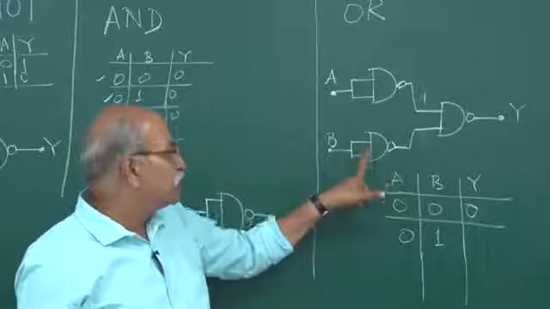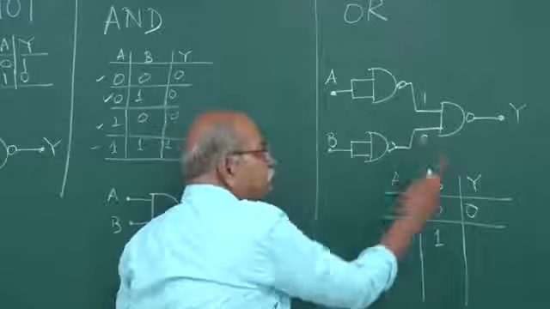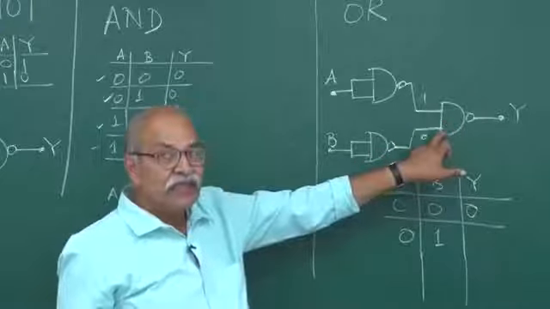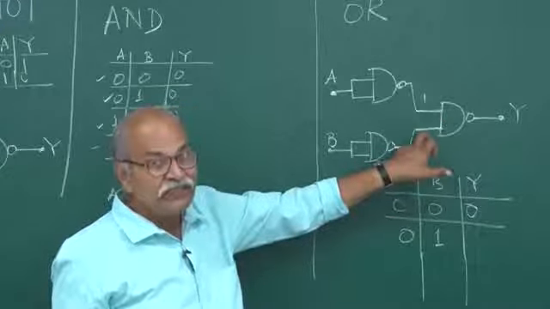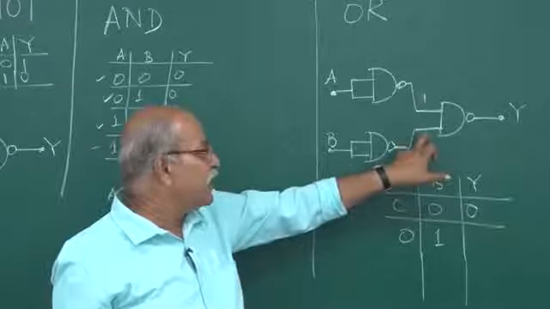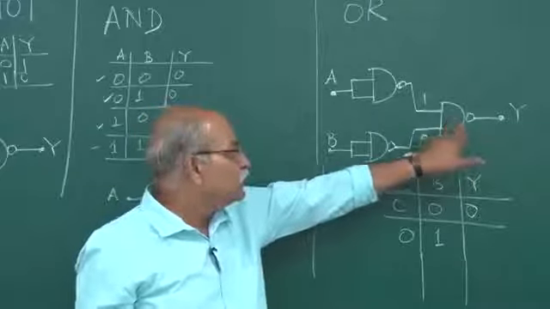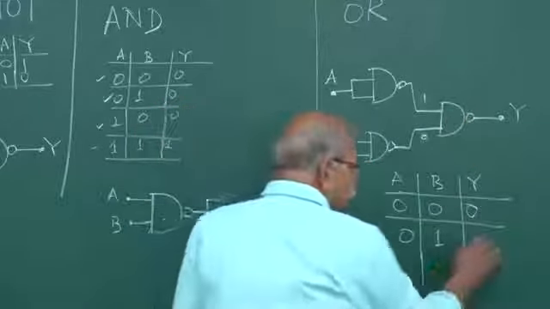AND of 1 and 1 is 1. Not of that is 0. So this is 0. And this 1 and this 0, AND of 1 and 0 is 0. Remember. So here it is 0. And then not of that. Not of 0 is 1. So this becomes 1.